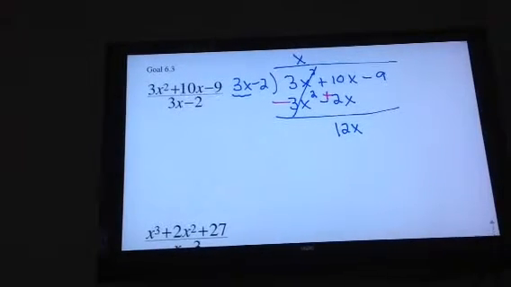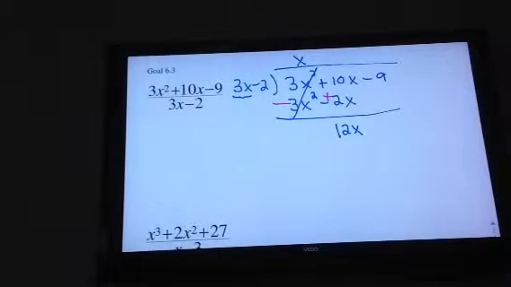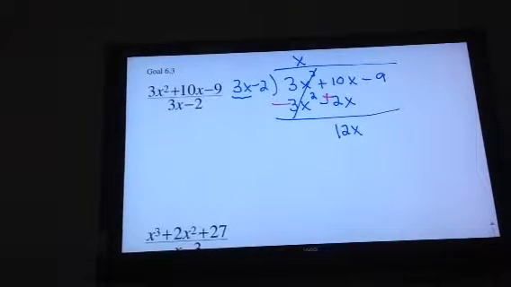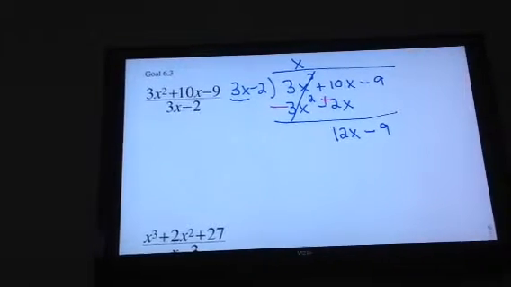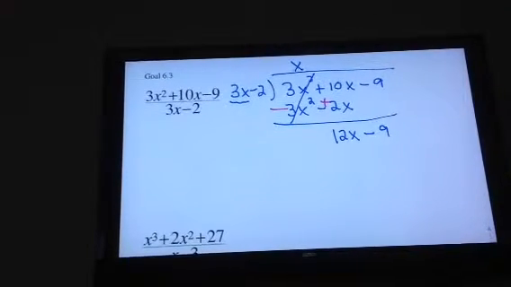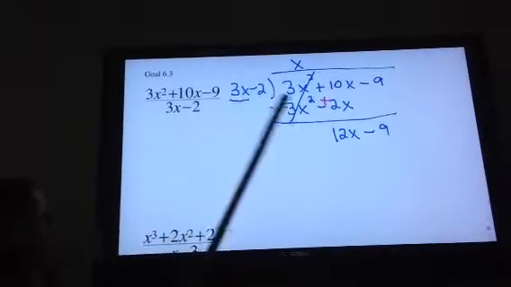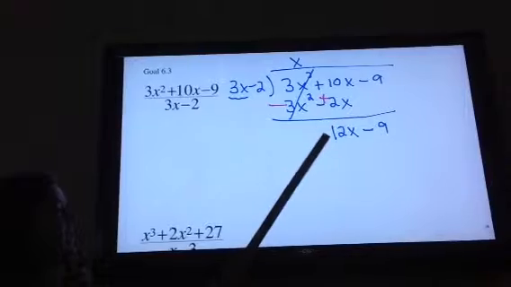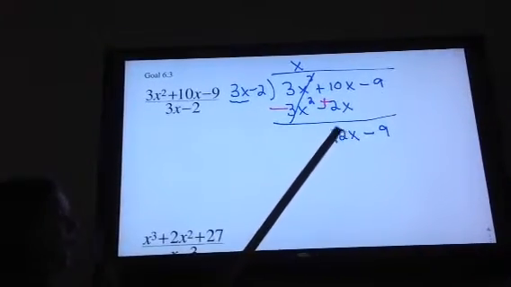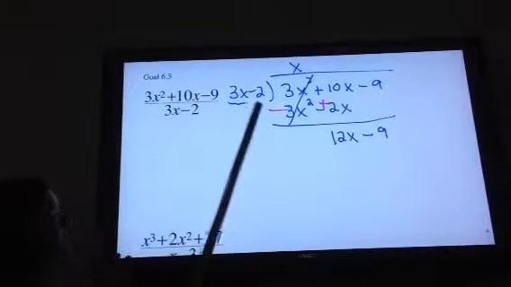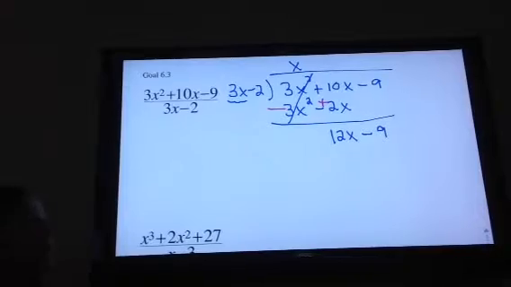In long division, what did you typically do next? You brought down the next number. So you bring down the minus 9, and we repeat ourselves. 3 will go into 12. If you get a number here that doesn't divide evenly, like 7 or 8, you did it wrong, because we're working solely with integers.